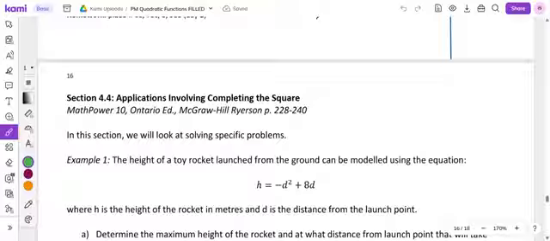So it's more about understanding what your tools can do for you. That's why I like to call my summary sheet a tool sheet. So the tool that we're focusing on in this lesson is completing the square.